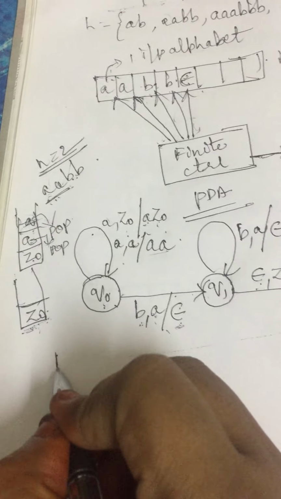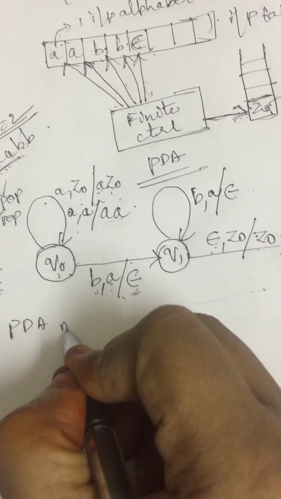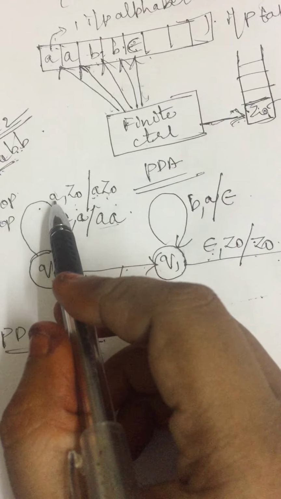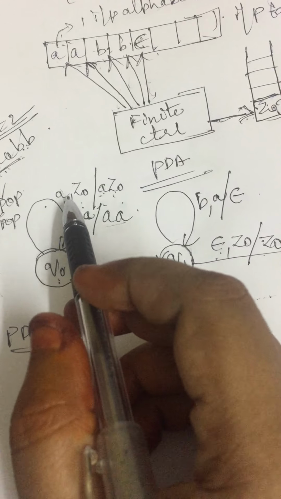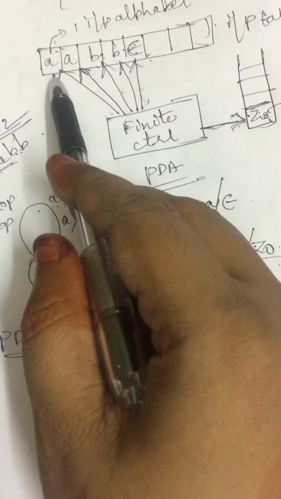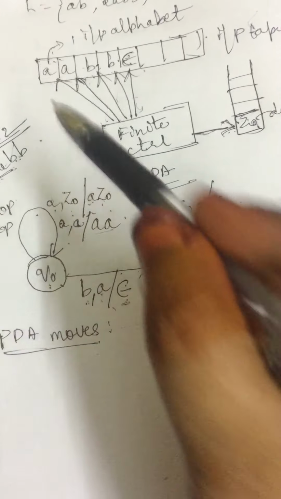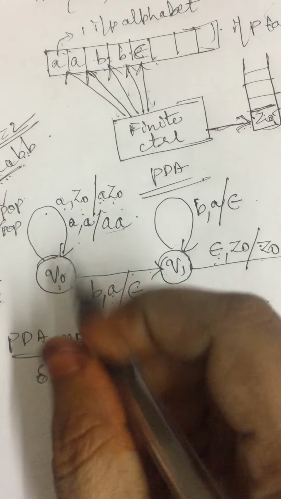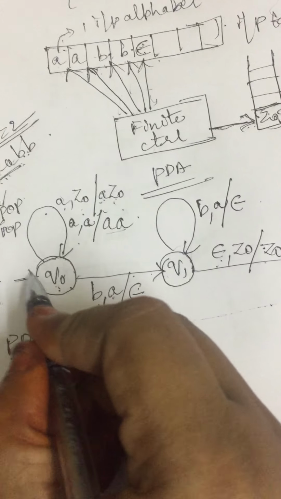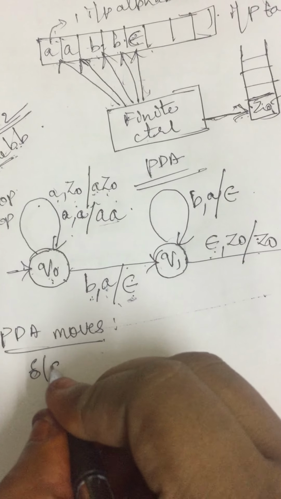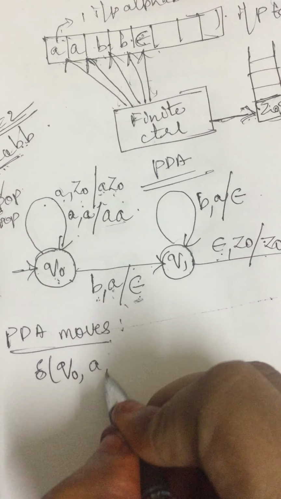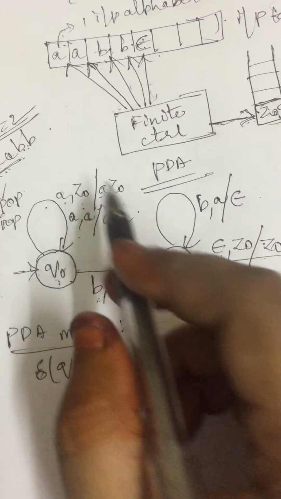So the PDA moves are: first, what we have performed? We have performed the push operation for the first input alphabet A. So delta of, we are in the state Q0, the initial state. At state Q0, the present input symbol is A and the top of the stack is Z0.